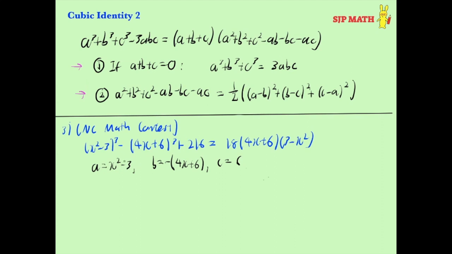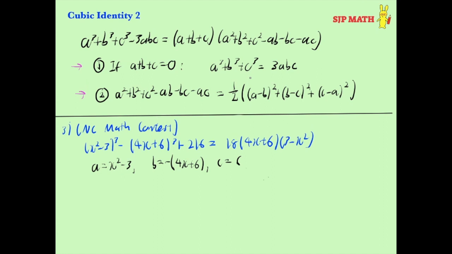So a cubed plus b cubed plus c cubed is equal to 3 times 6, 18 times 4x plus 6, b. Oh, I see here. They took out the negative and put it here. So basically this is in the form of this.